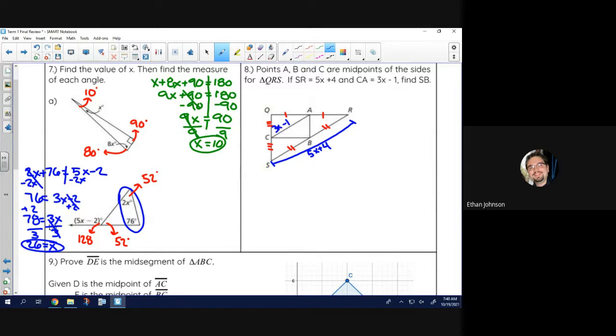Now the relationship for midsegments was our midsegment is parallel to the other side, and the length, so CA, has to equal 1/2 of the other side, so SR. So using that, we can actually write an equation. So I know CA is 3x plus 1. It's equal to 1/2 of the full length, so 5x plus 4.